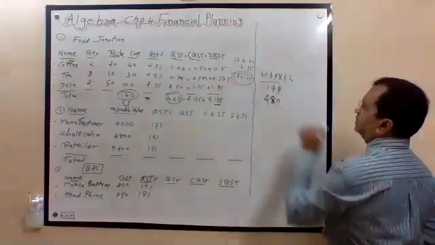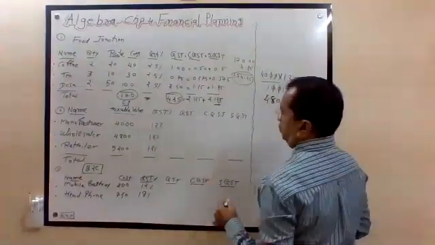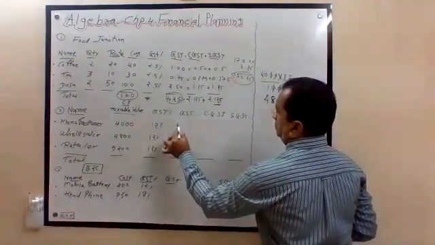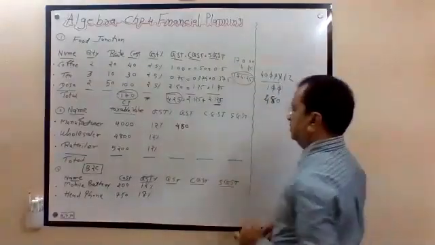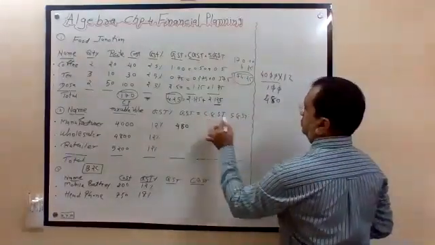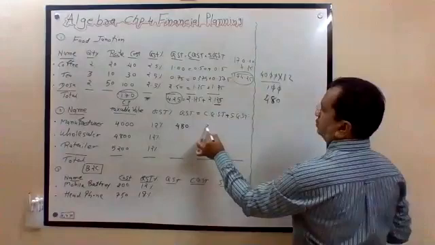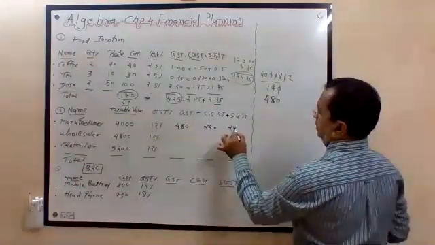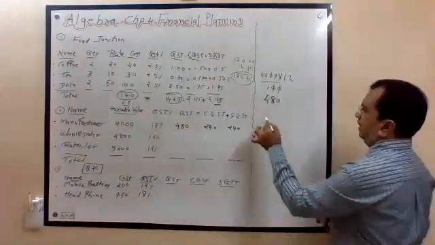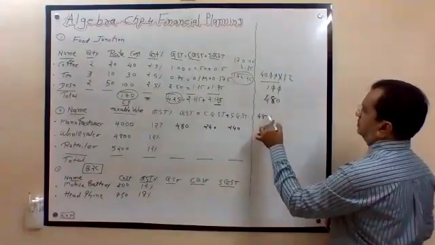Now this is equal to half, so it is 240, 240. Now 4800.